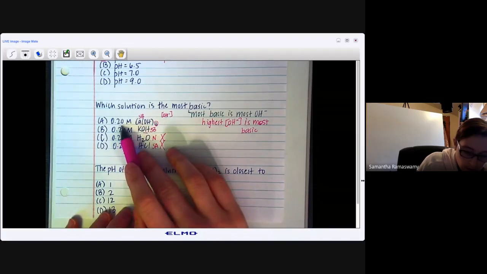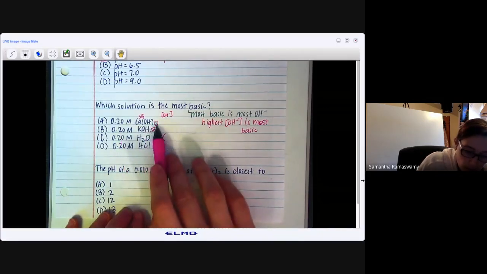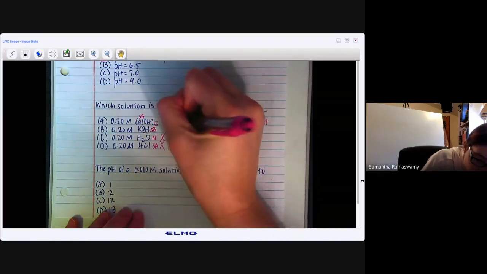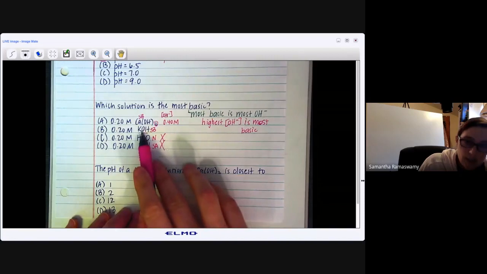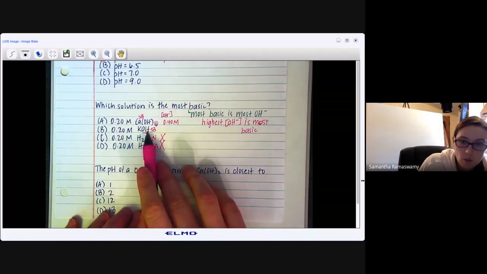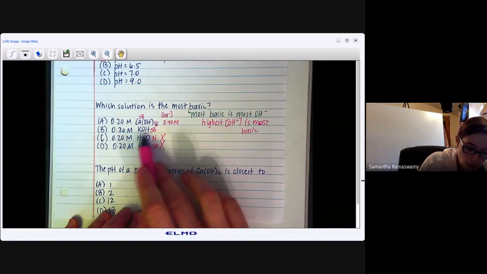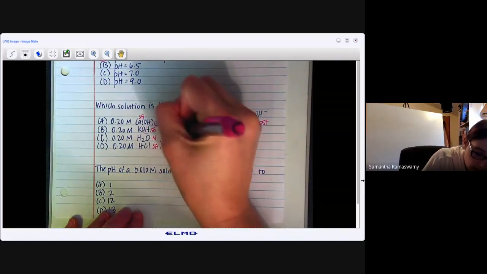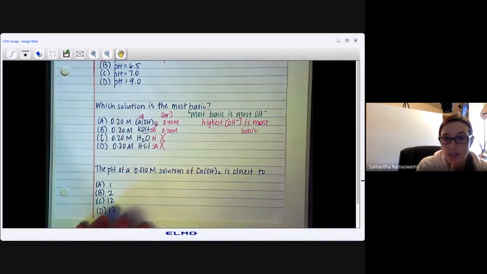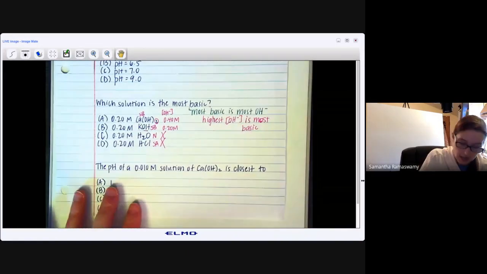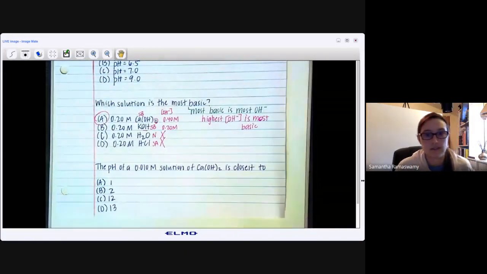That means that the OH- is twice as much, 0.40 molar for calcium hydroxide. KOH is a strong base. It's a 1-to-1, right? For every 1 KOH, there's 1 OH-. So the most basic is the one that has the highest concentration of hydroxide ions. That's answer A.